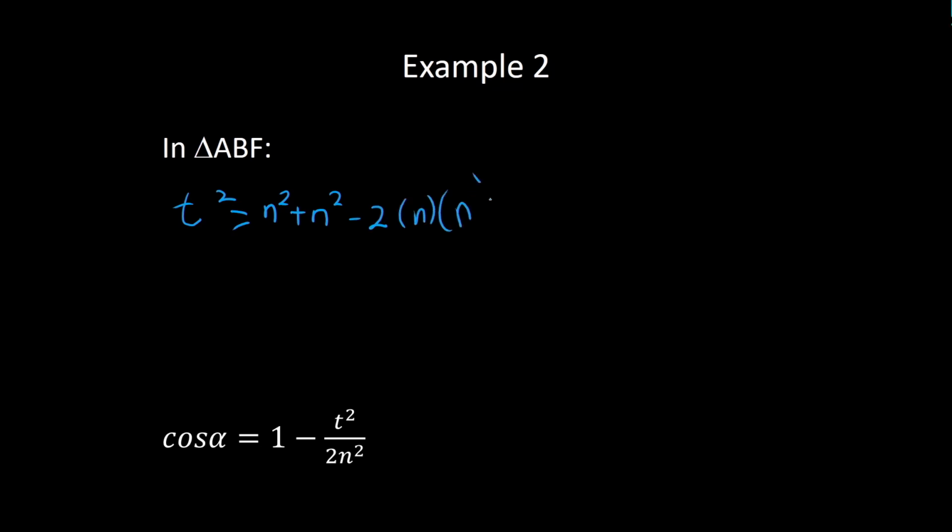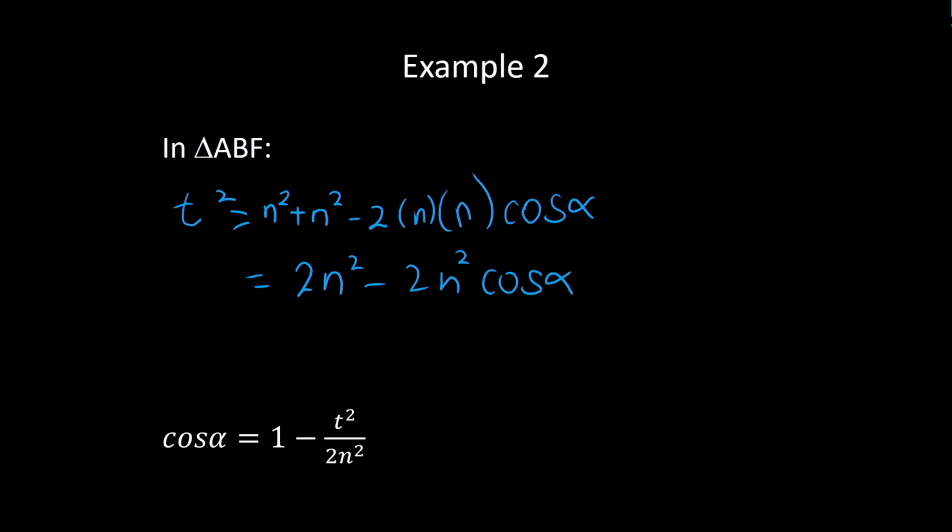This is just a straightforward application of the formula. Okay, and then we're going to do a little bit of simplification here. So we end up with 2n squared minus 2n squared cos alpha is equal to t squared.